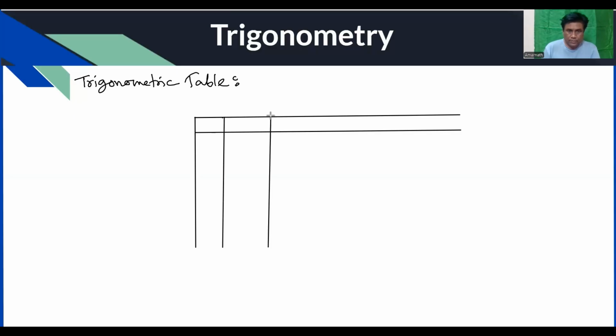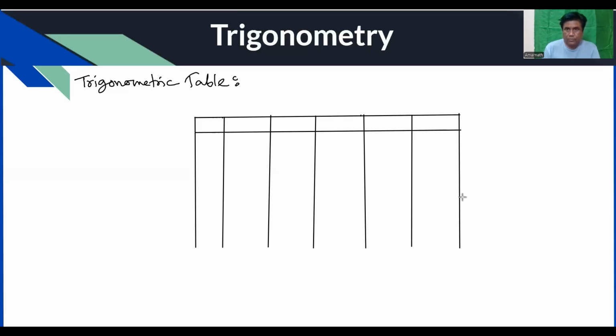It is for sin theta. This is for cos theta. This is for tan theta. This table is very important. This is for cot theta. This is for sec theta. And one more.